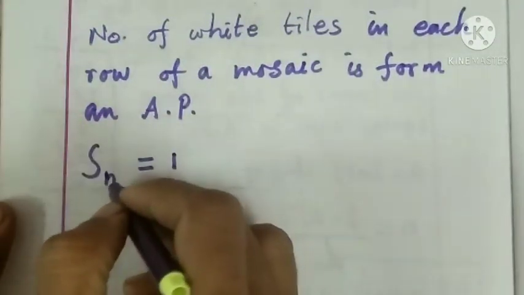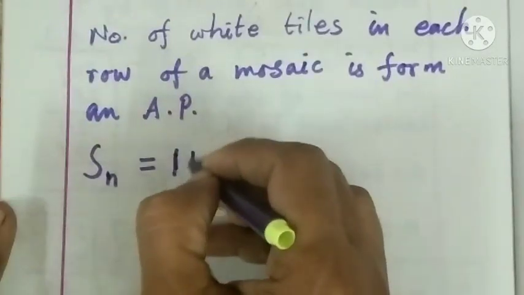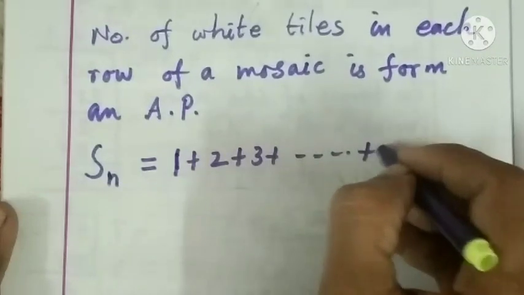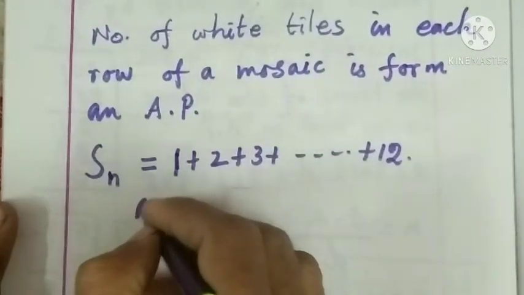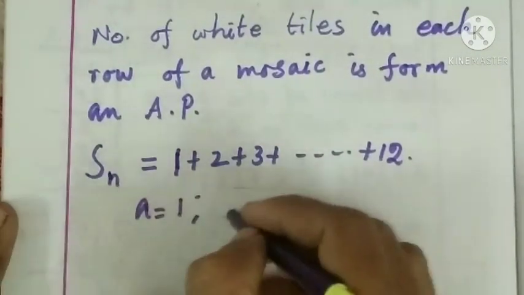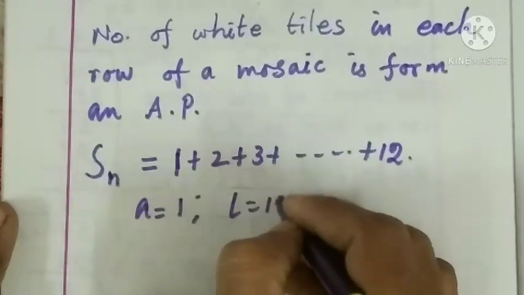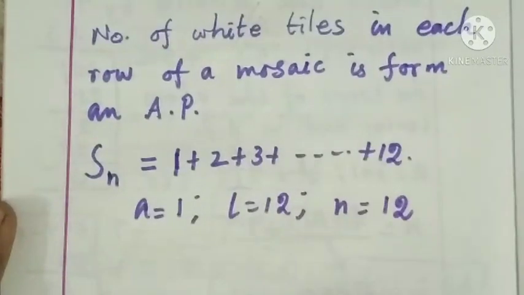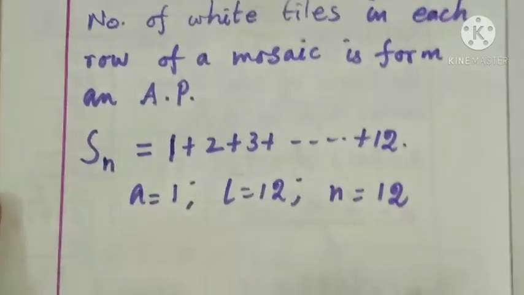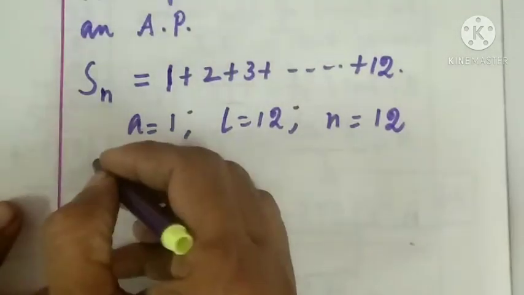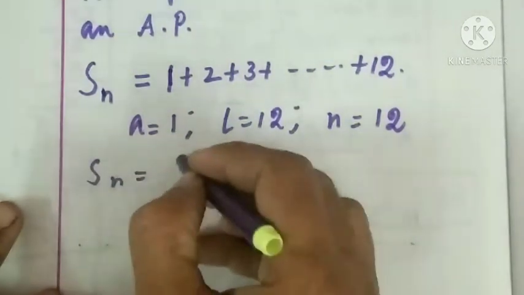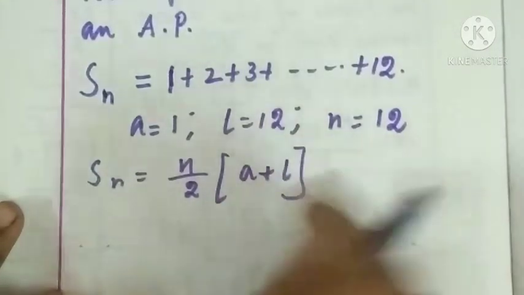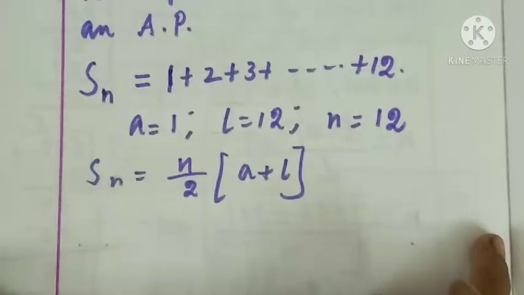That is, number of white tiles, Sn is equal to 1 plus 2 plus 3 up to 12. Here A is equal to 1, L is equal to 12, and n also 12 rows. Now you can use the formula Sn is equal to n by 2 into A plus L, because here we know first term and last term.